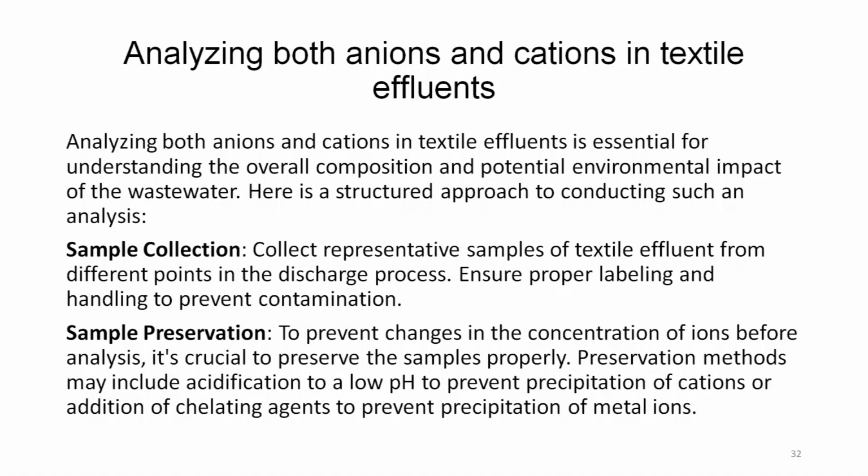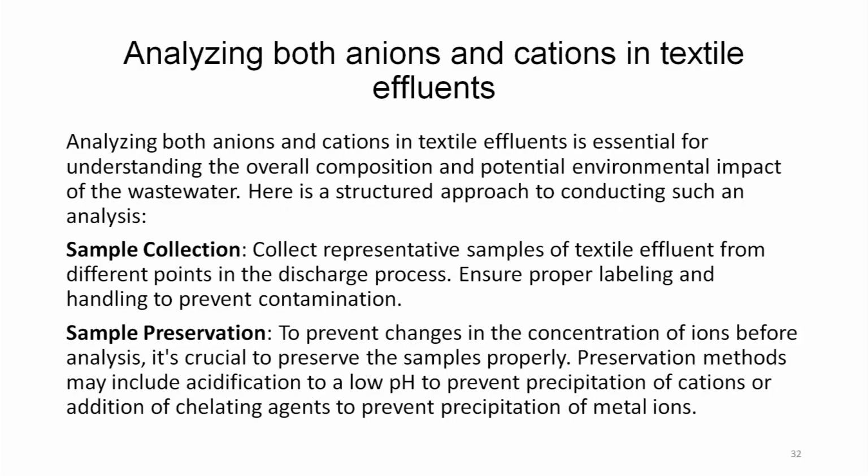Sample preservation. To prevent changes in the concentration of ions before analysis, it is crucial to preserve samples properly. Preservation methods may include acidification to a lower pH to prevent precipitation of cations, or the addition of chelating agents to prevent precipitation of metal ions.